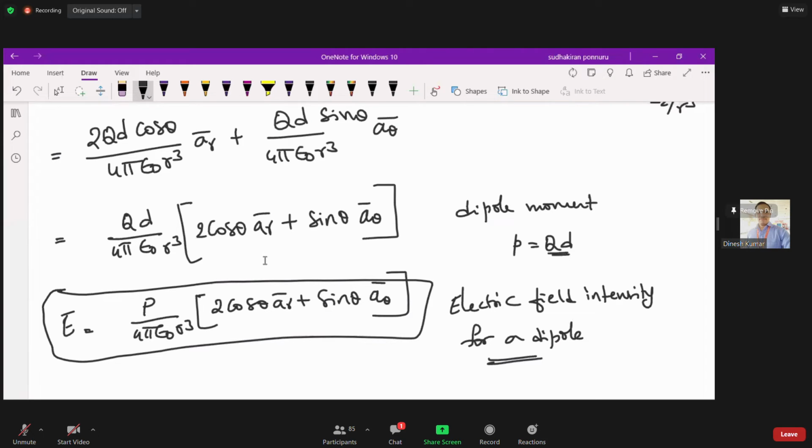So in your examination, if they are asking for electric potential due to dipole, you can stop your answer with this expression.